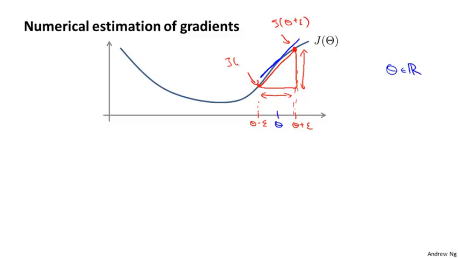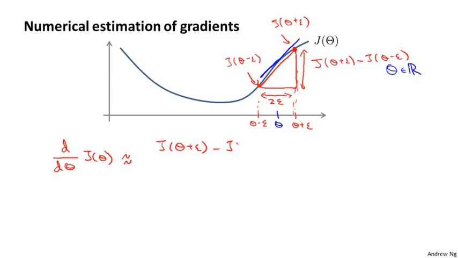This point here is J of theta minus epsilon, so this vertical difference is J of theta plus epsilon minus J of theta minus epsilon, and this horizontal distance is just 2 epsilon. So my approximation is that the derivative with respect to theta of J of theta at this value of theta is approximately J of theta plus epsilon minus J of theta minus epsilon over 2 epsilon.